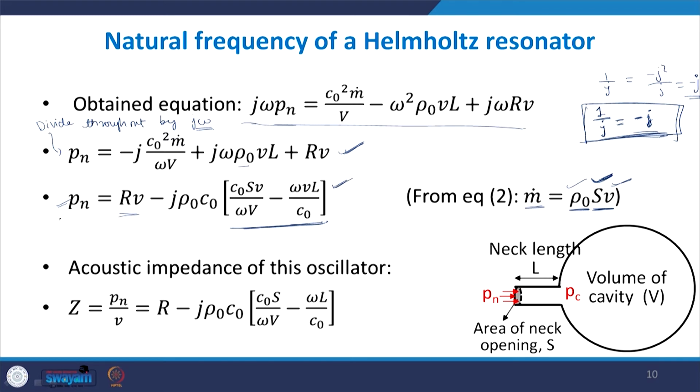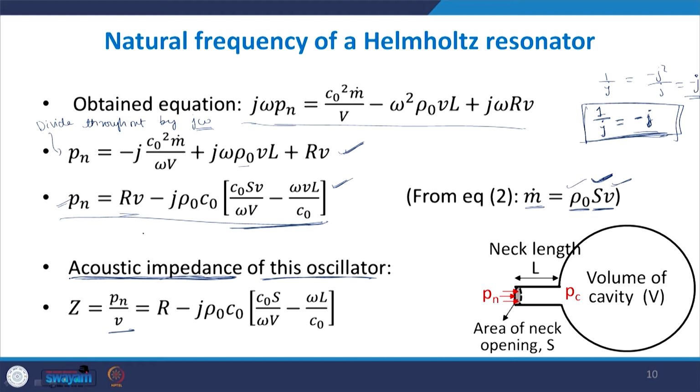Now this is the expression you have got for the net pressure in the neck, and we know that it is the air molecules in the neck that are undergoing this harmonic motion. The sound wave is propagating via the oscillations of these air molecules. Then the acoustic impedance of this particular oscillator will be the pressure divided by the velocity.